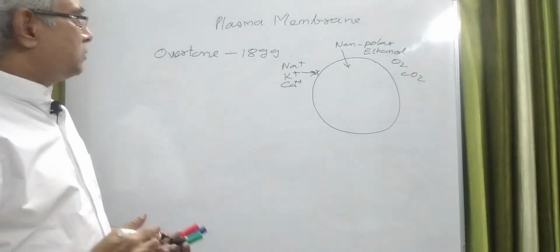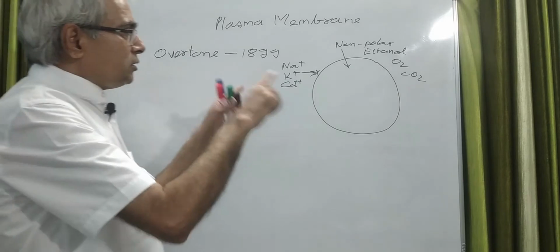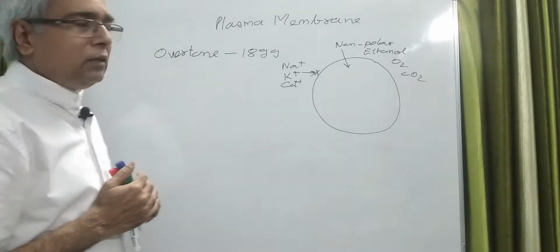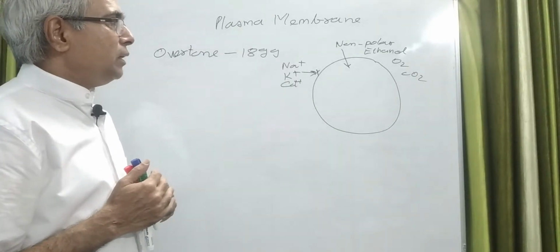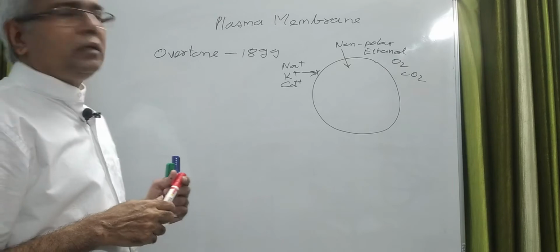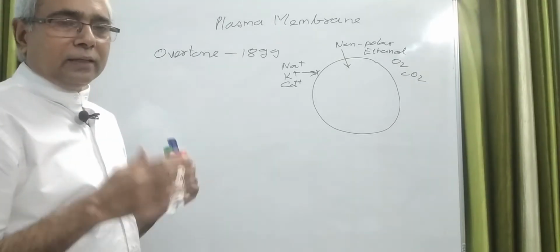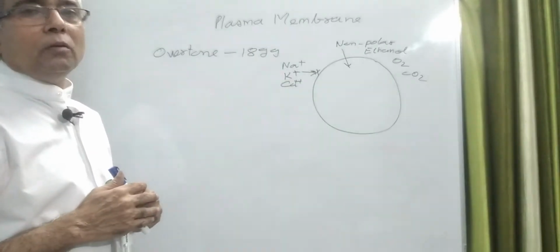On that basis, Overton said that there is something present around the cell which is called membrane, and this membrane is chemically probably made up of a lipid layer, and that lipid molecule may be lecithin and cholesterol molecules.